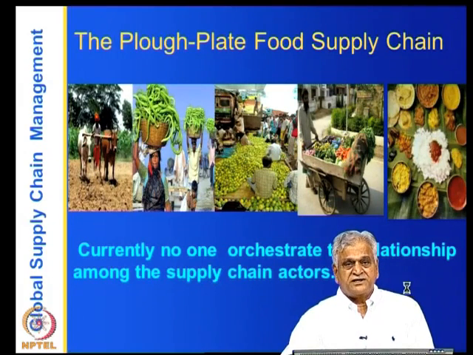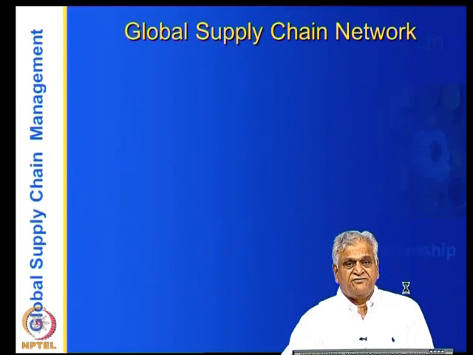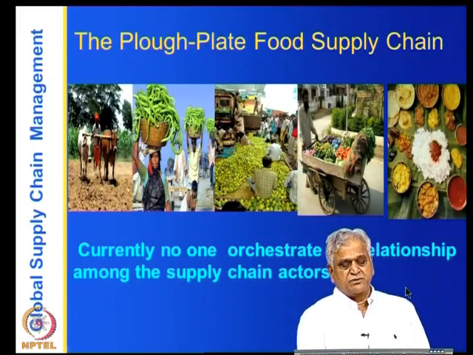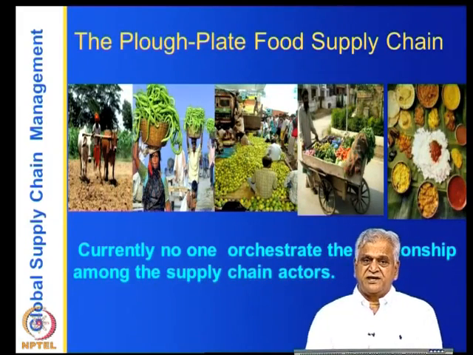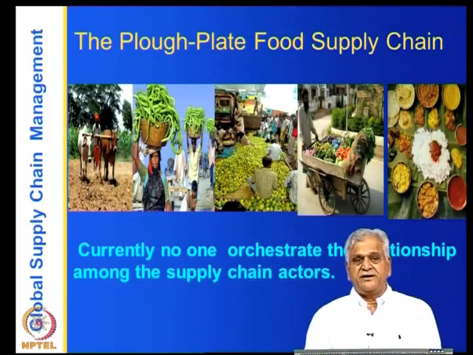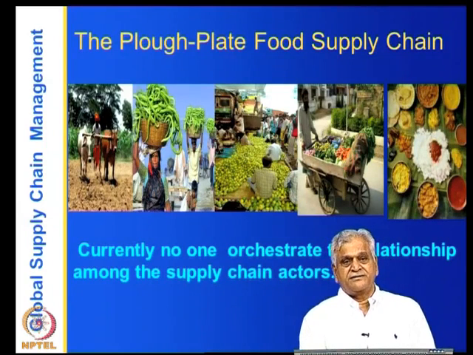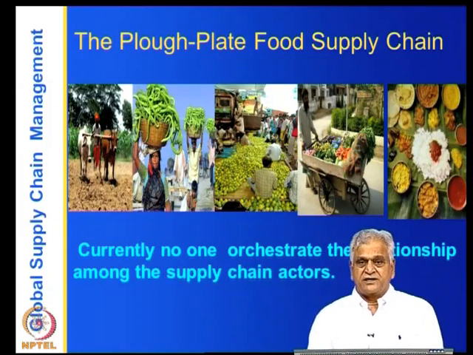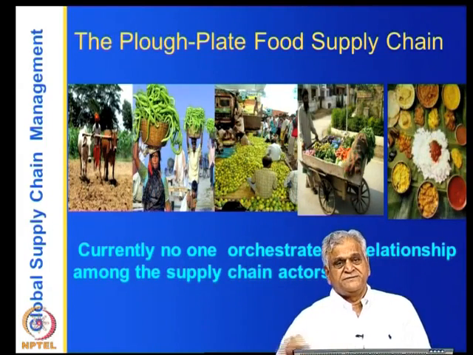But here, in this plow to plate food supply chain network, this is why people say the Indian agriculture food supply chain network is fragmented and inefficient. It's inefficient because the players are not connected, and there is no ordering system here.